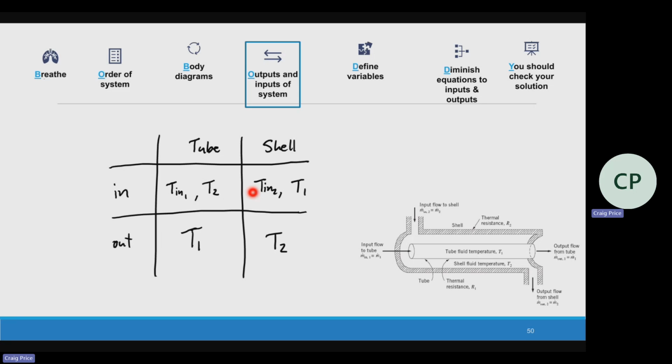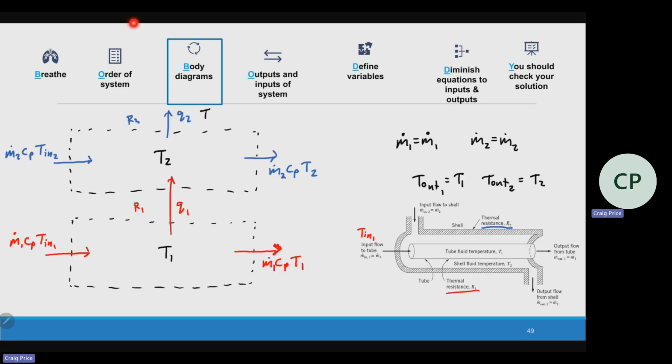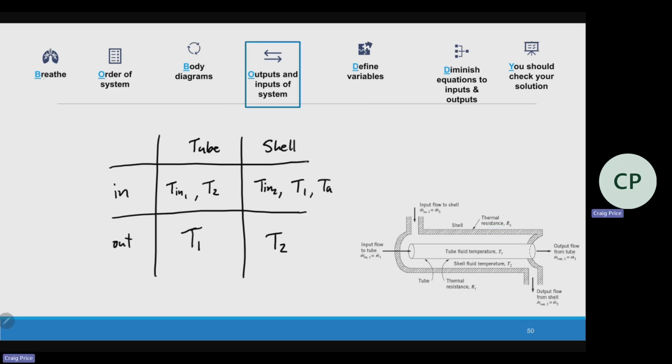I forgot on this part that heat is leaving to some kind of ambient temperature. I didn't actually specify it on the diagram, but there's an ambient temperature that we want to put. That is also somewhat of an input. That's going to affect that shell temperature. So ambient temperature, we could also list here. This is not the most important part, but I'm trying to figure out for my equations what's on one side, what's on the other. And they are in fact affecting each other. That's what the heat exchanger is all about.